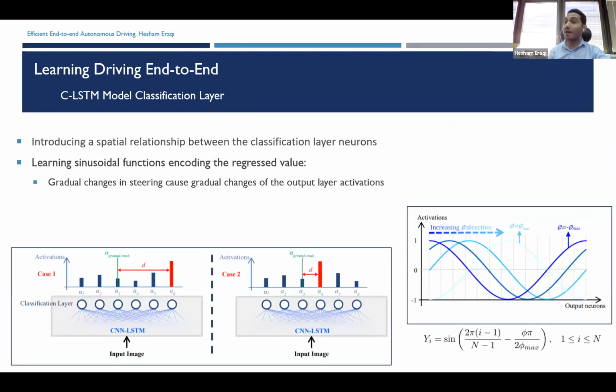So we can impose the spatial relationship between the output layer neurons by avoiding the cross entropy negative log likelihood loss function, and relying on new ideas like this idea. By the way, if this is the prediction of the neural network, and this is the ground truth neuron, and you have a very high activation here, this is case 1.